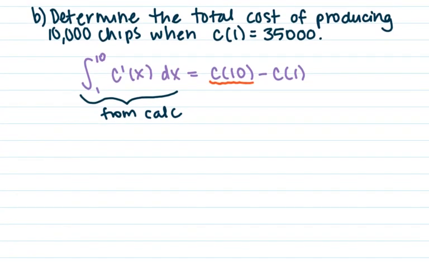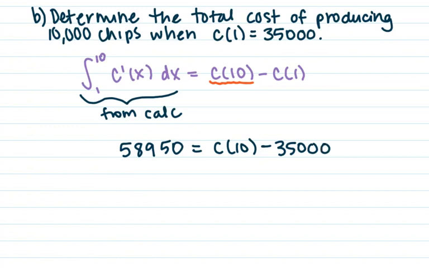And when I do that, I get the number 58,950 equals, then I have c of 10, which I'm trying to solve for, and now I can actually plug in what c of 1 equals, which is 35,000. And now it's like solving a really easy equation. So of course we simply add 35,000 over, and I'm going to end up getting 93,950 as the value of capital C of 10, or the total cost of producing 10,000 chips.